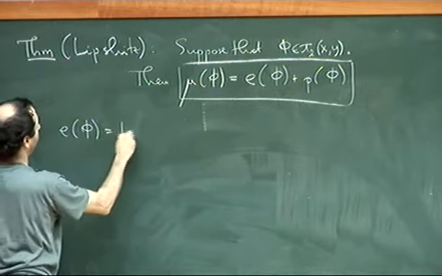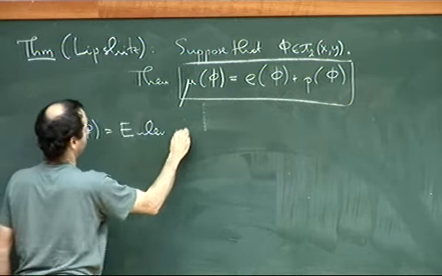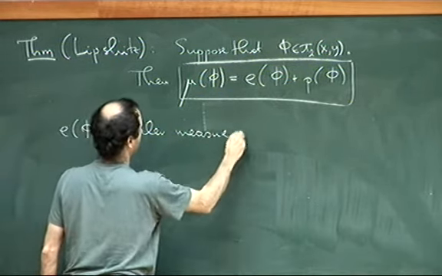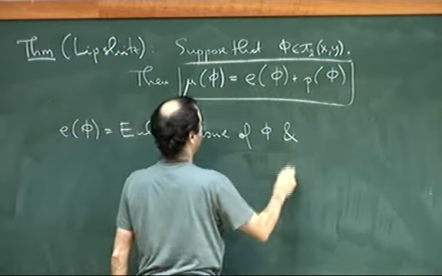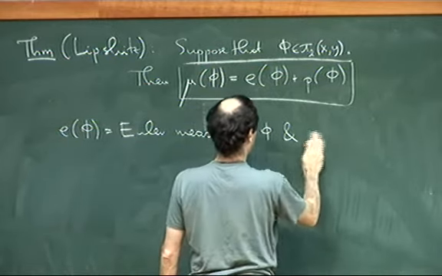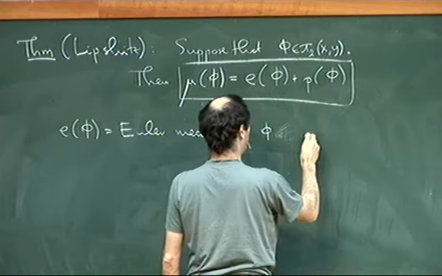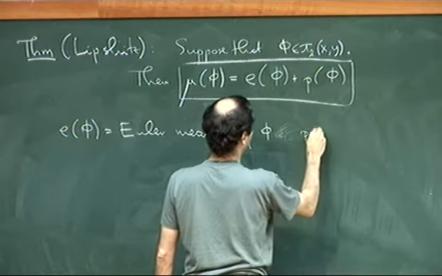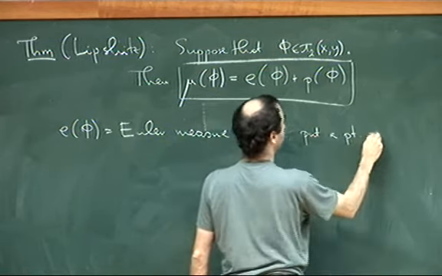So this is called the Euler measure of phi, and it is defined as follows.